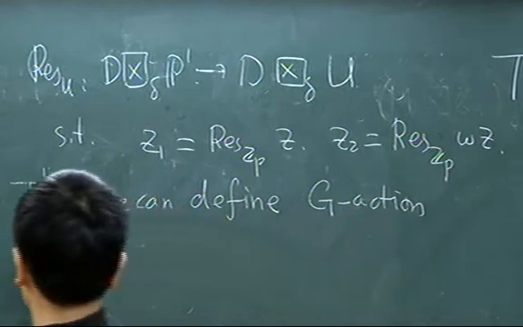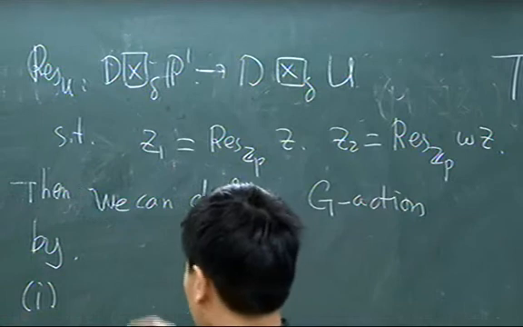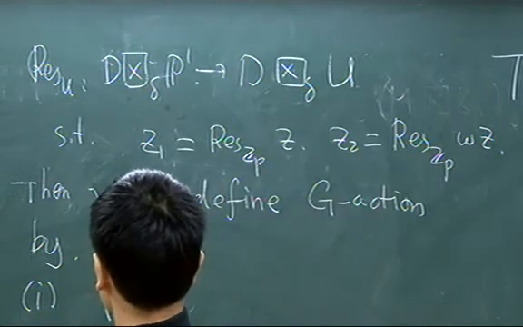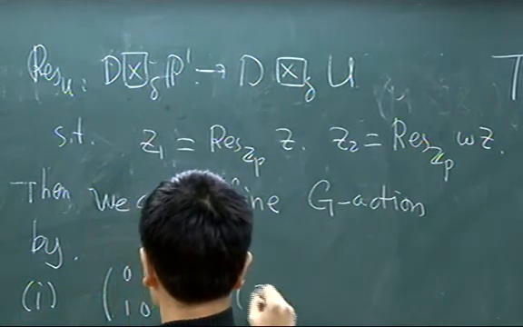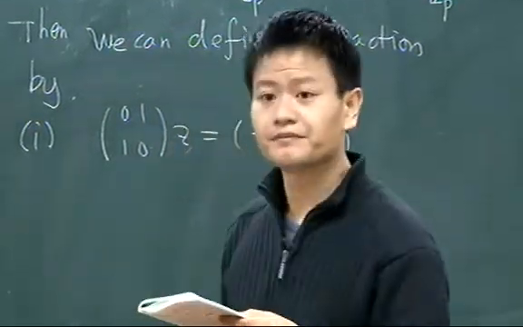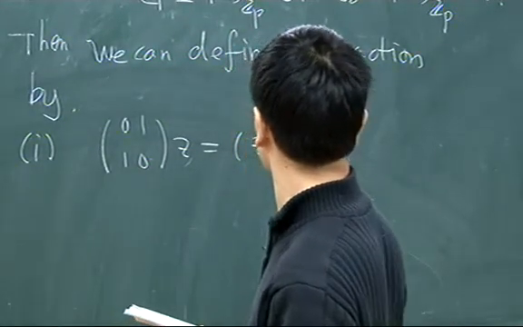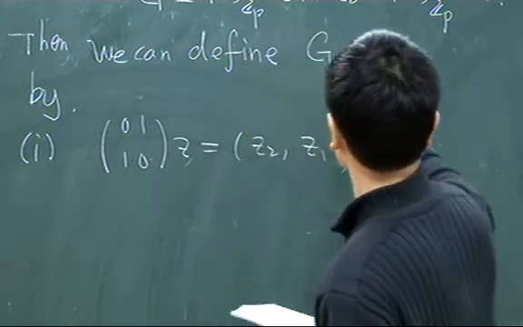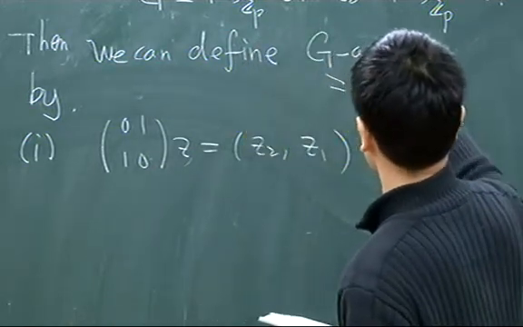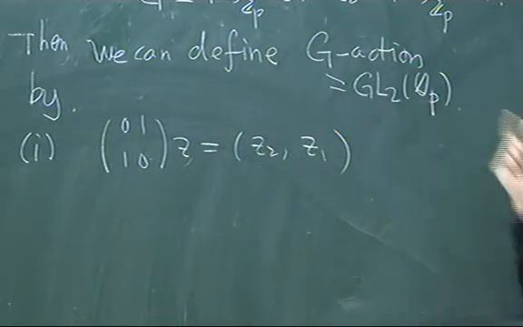So this G module is given by all these complicated things. If you have 0, 1, 1, 0, Z, it's just Z to Z1. Okay, sorry, G is always GL2 QP. Yeah, because I don't want this to be longer, G QP is a little easier to write. Okay.